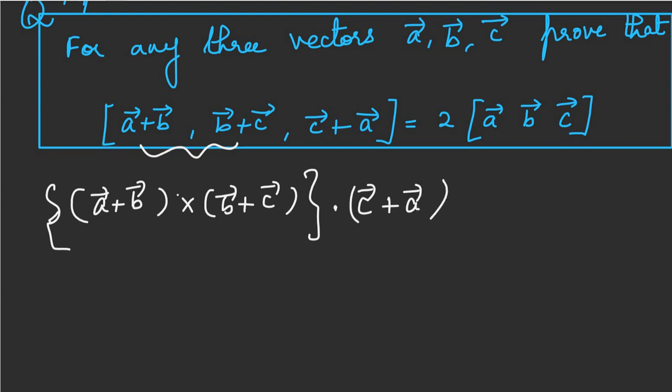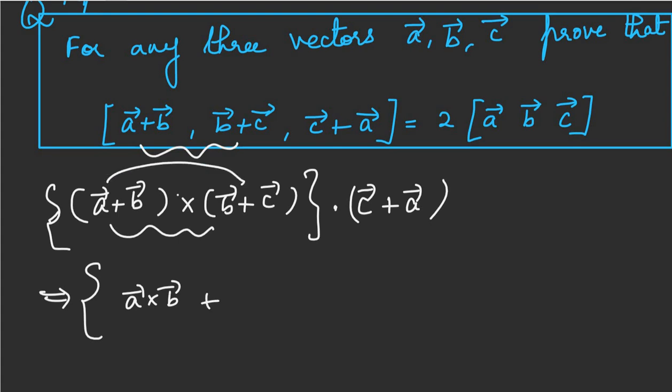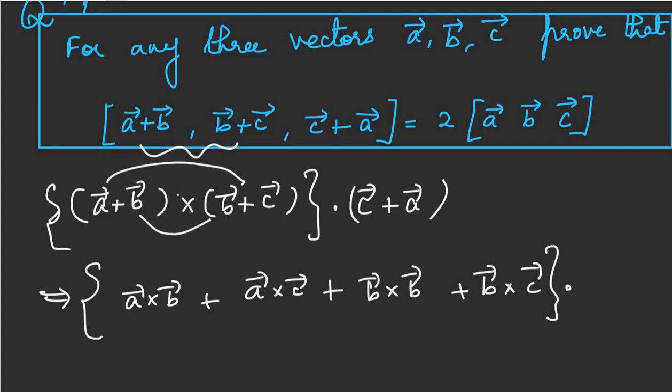Now using the distributive property, we expand inside the bracket and get A cross B plus A cross C, next plus B cross B plus B cross C, dot C vector plus A vector. Now we know that B cross B is equal to 0.